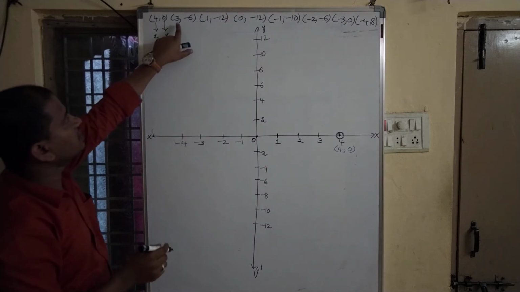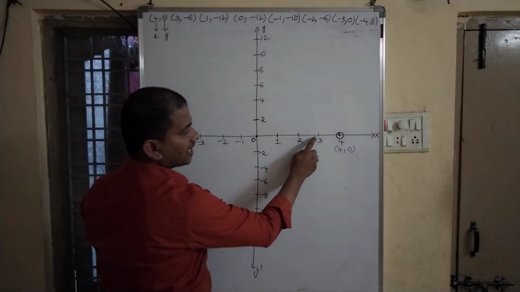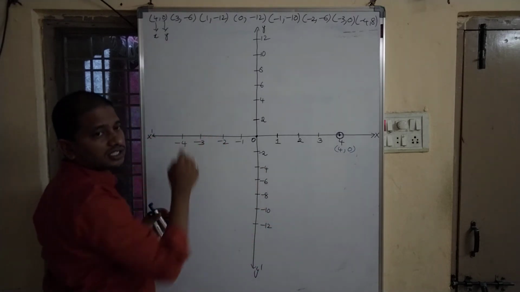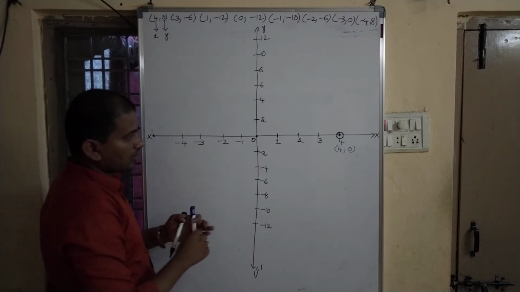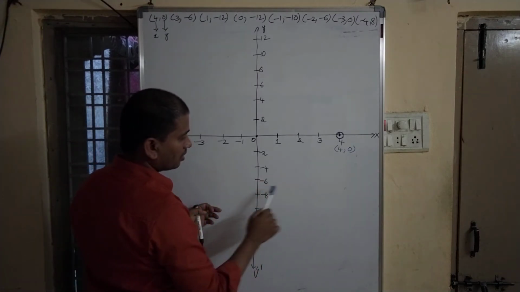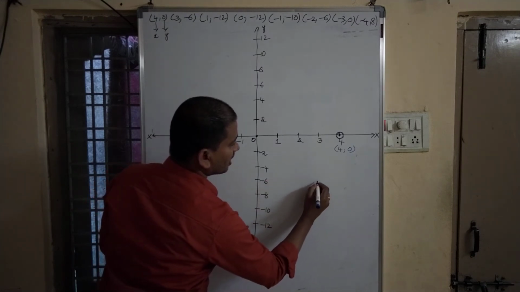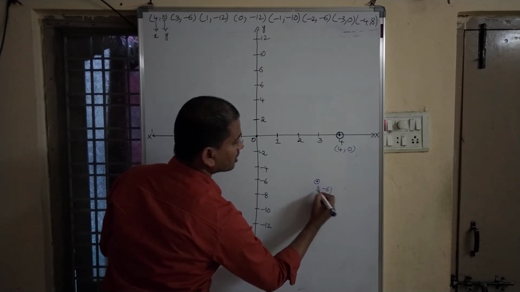And the second one is 3, minus 6. Where is 3? On x-axis 3 and on y-axis minus 6. Minus 6 will be below the 0. That is 3, minus 6. This is our point 3, minus 6.